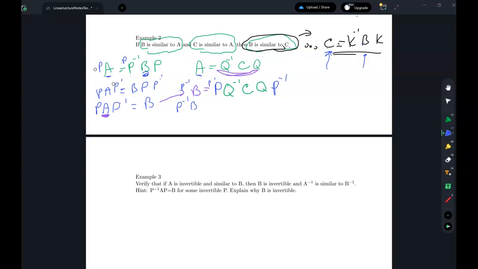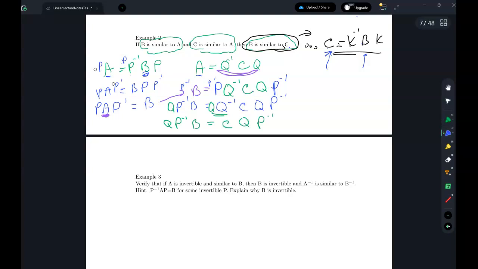So P inverse B equals Q inverse C Q P inverse. And then I'm going to multiply on the left again by Q. So if I multiply both sides by Q on the left, I get Q P inverse B equals, that gives me a 1, C Q P inverse.